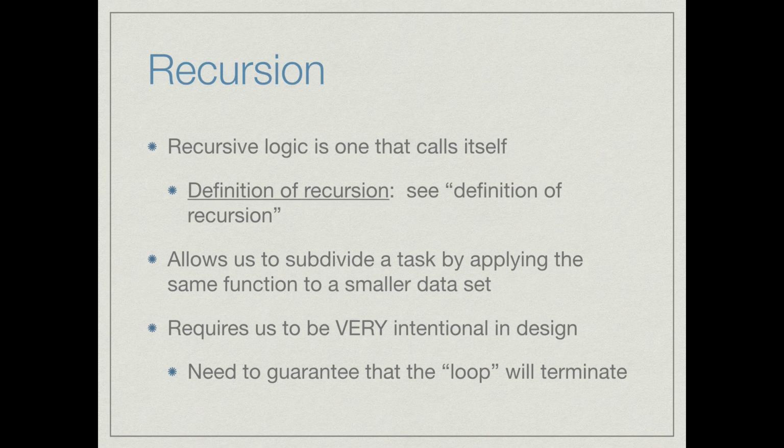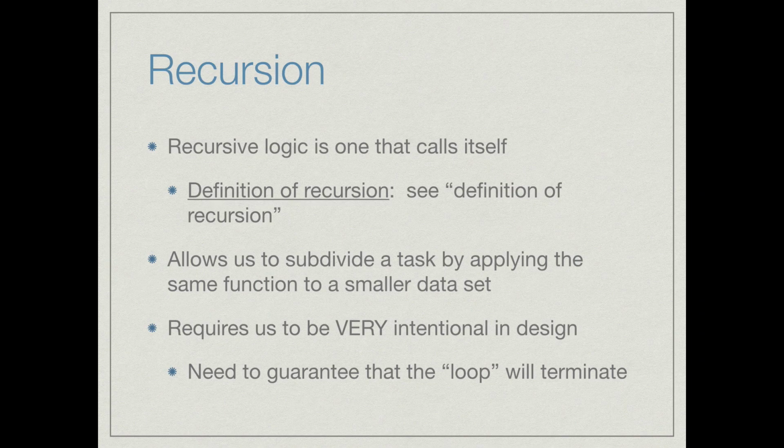It allows us to utilize the same functional logic and apply it to a variety of data sets in order to achieve more complex goals than would necessarily be available if we were just writing it out all by hand.